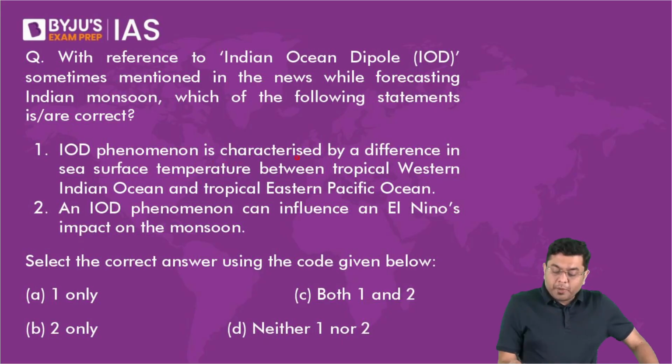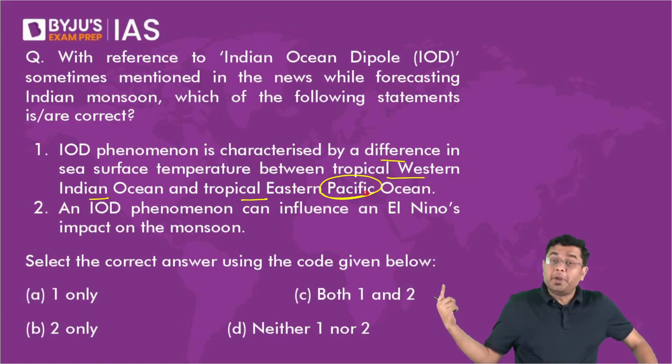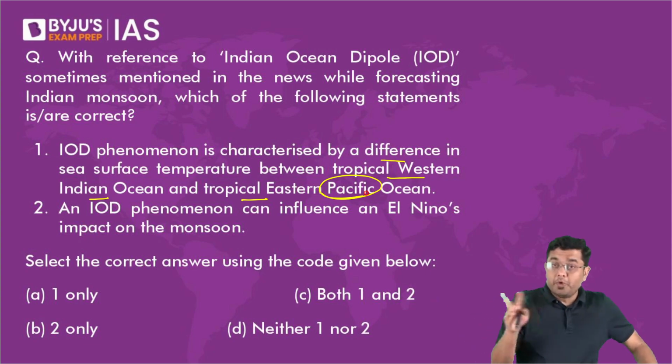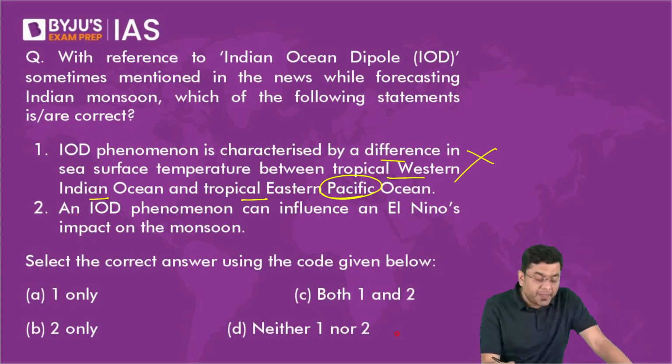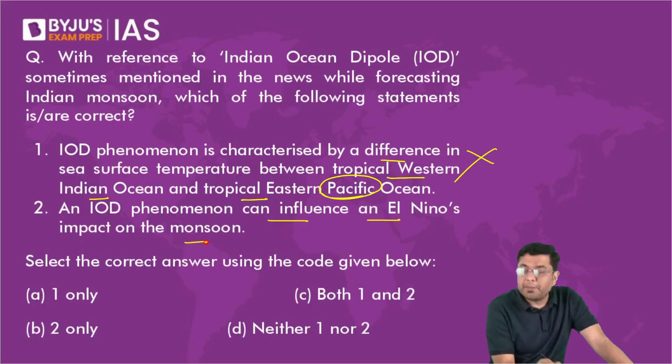So IOD phenomena is characterized by a difference in sea surface temperature between tropical Western Indian Ocean and tropical Eastern Pacific Ocean. Tropical Eastern Pacific Ocean is where? In the Peruvian coastline. Indian Ocean dipole is the condition between the two sides of the Indian Ocean itself. So the first is incorrect. Second, IOD phenomena can influence an El Nino's impact on the monsoon.